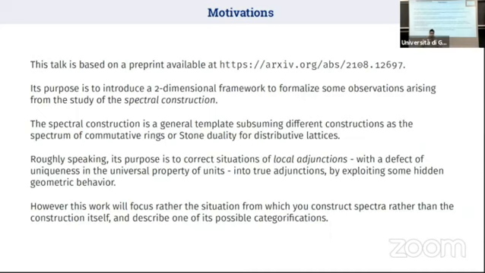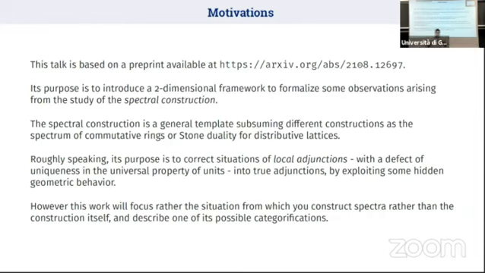Roughly speaking, this is a construction through which you correct a situation of local adjunction with a defect of uniqueness in the universal property of a unit into a proper situation of adjunction by exploiting some hidden geometric behavior. And in this work, I am going to categorify the situation from which you construct the spectral construction.